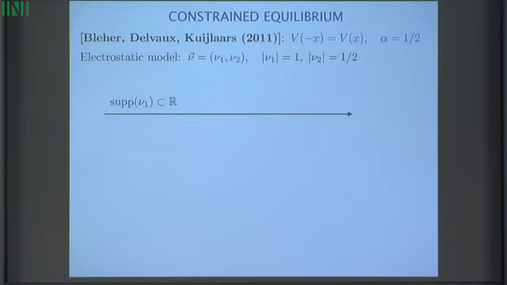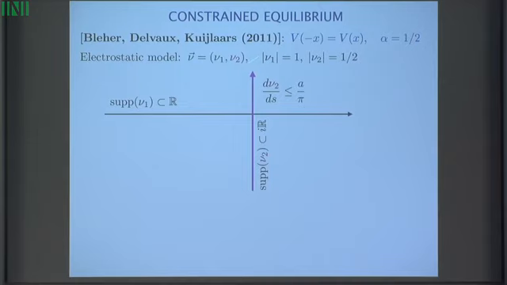The next thing you know is that nu1 lives on the real line. Nu2 lives on the vertical axis, the imaginary axis. So here, as I said, the measure of size 1, here the measure of size 1/2. They also have a so-called upper constraint. So you only look at measures on this imaginary axis.